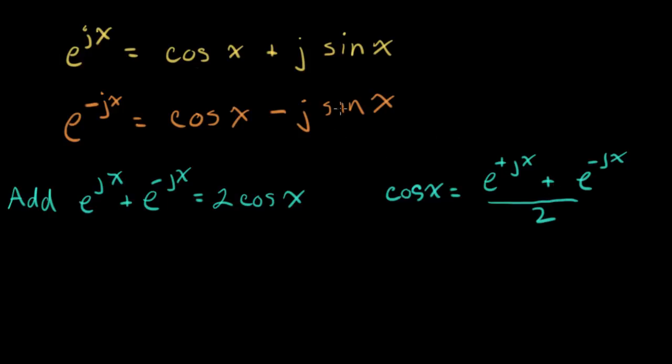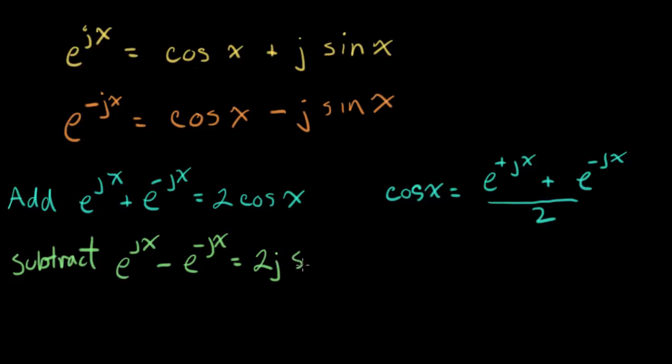Okay, let's go back and see if we can get sine. So what I'm going to do with sine is subtract, and what that'll do is get the cosine terms to fall away, and then I get e to the jx minus e to the minus jx equals, the cosine terms subtract out, and I get 2 times j times sine x.